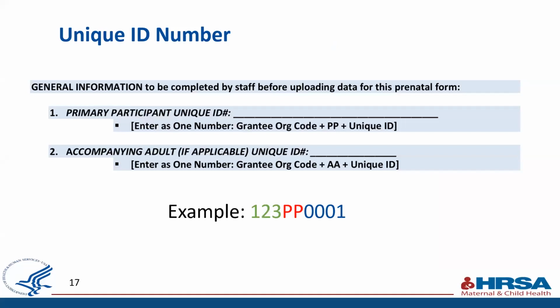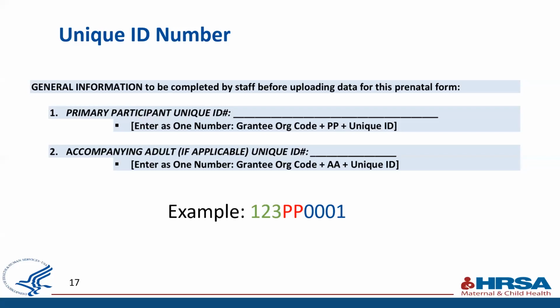The numbers in green are the grantee org code, which has been assigned to you by HRSA. PP will stay, that just represents primary participant. If you're making a unique ID for the accompanying adult, that would be AA. And then the unique ID is a 4-digit number that your team would create. Is that correct, Robin?